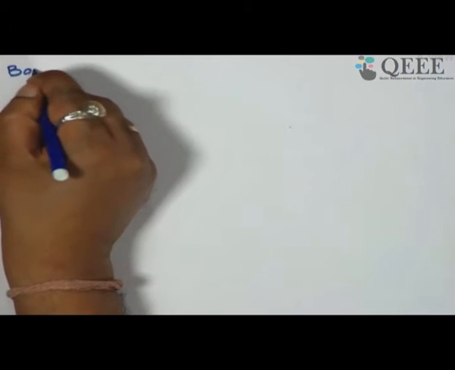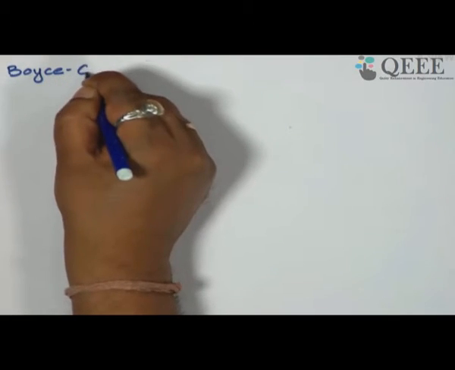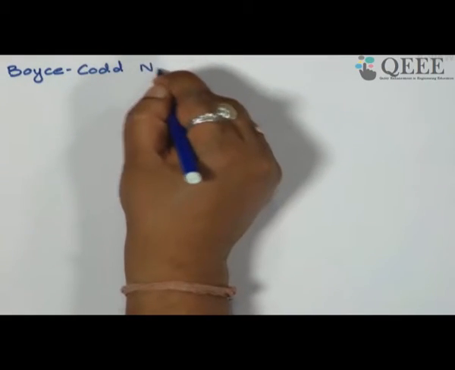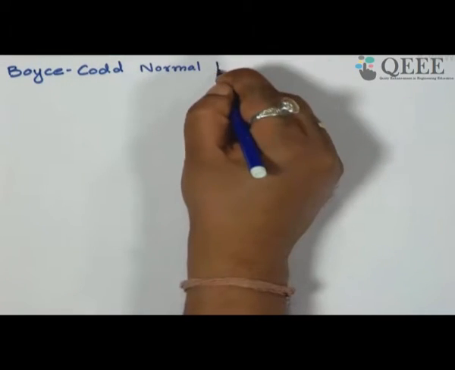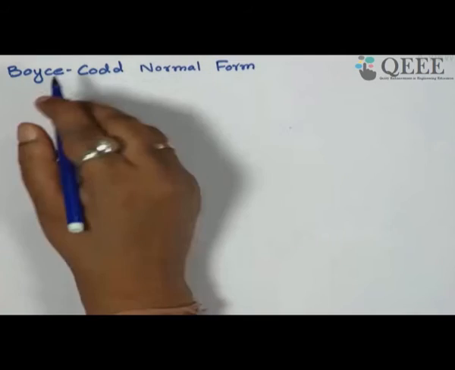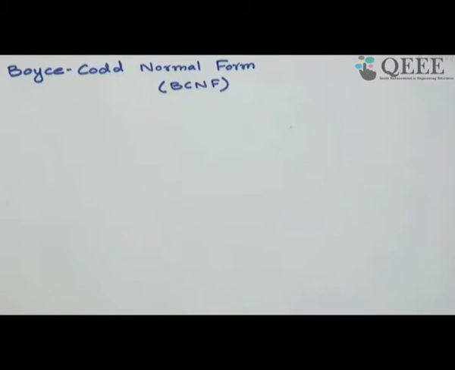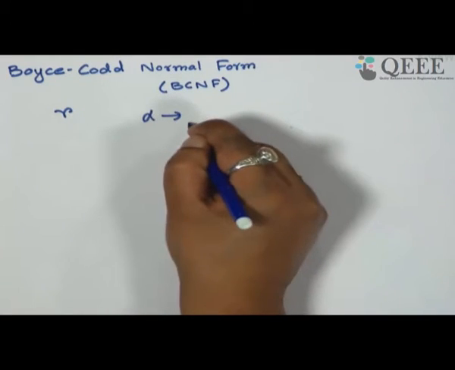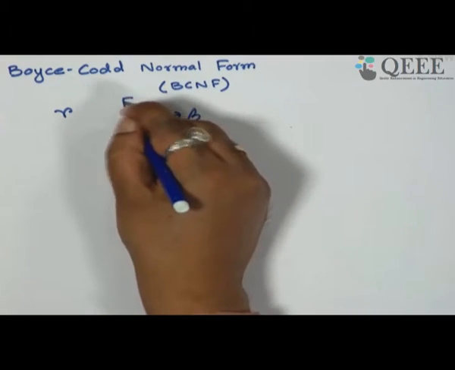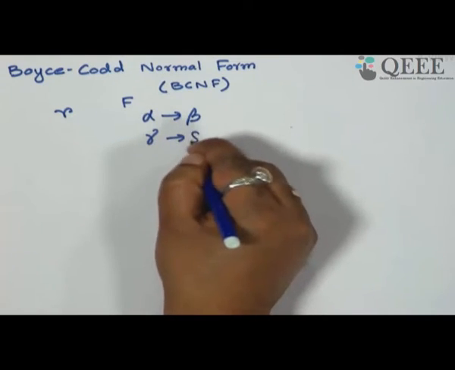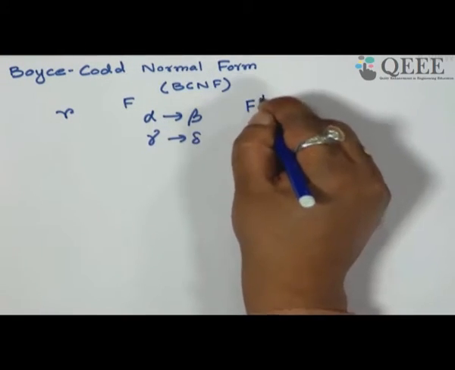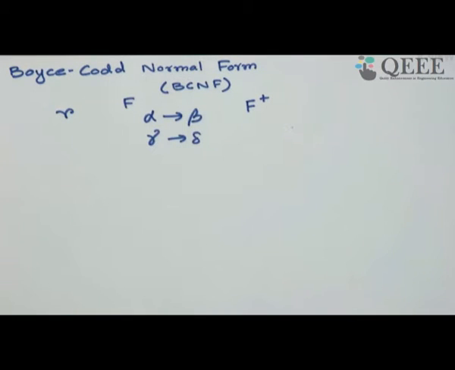Slightly more complicated normal form is what is known as BCNF. They won the Turing Award, the highest award in computer science, for proposing this form. So if you have a table R and not one but all functional dependencies alpha to beta, you first compute the closure F plus using Armstrong axioms, and for every rule in F plus, one of these two should hold.